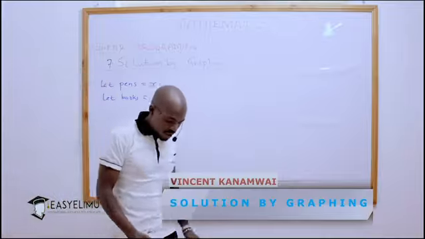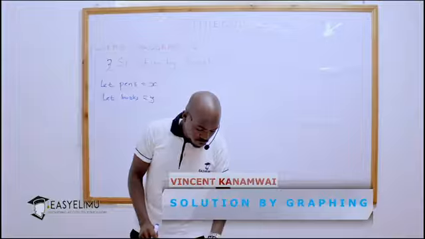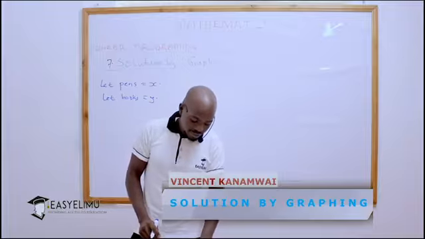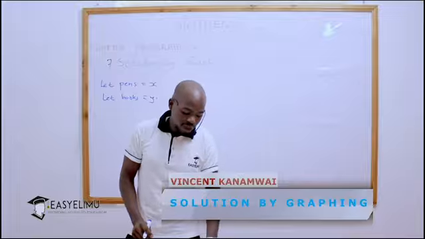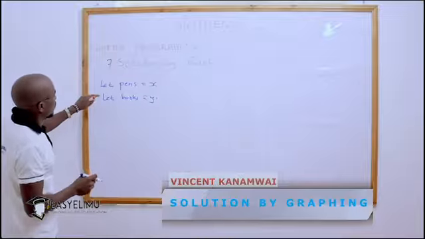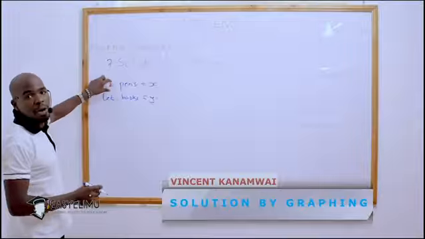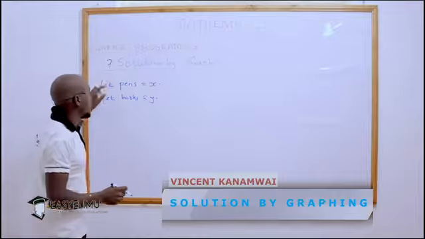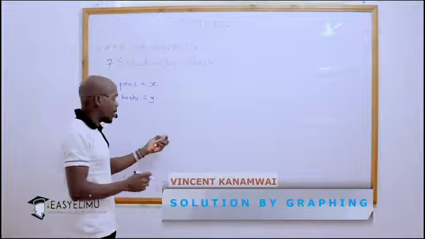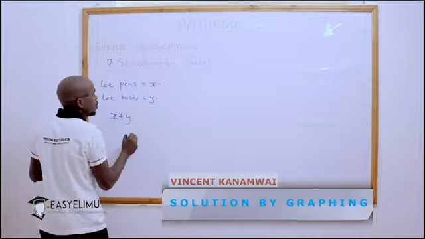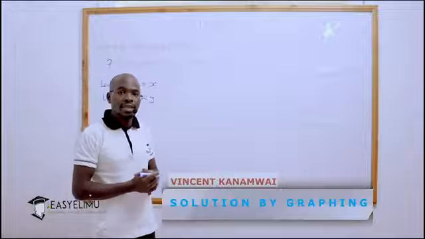We have been told that a student wishes to purchase not less than 10 items comprising books and pens only. So this indicates that if we take the total number of pens purchased by the student and add to those of books purchased by the student, we should get something which is not less than 10.